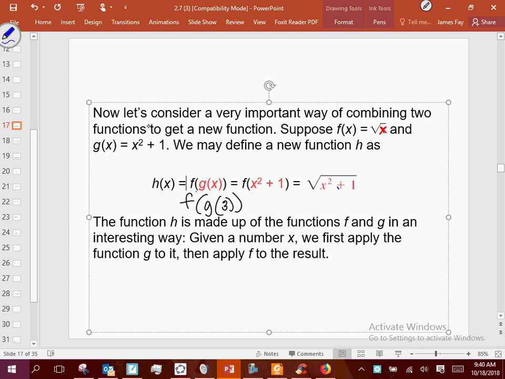Does that make sense? Let's actually rewrite. Let's give a specific example. Let's say this is 1 over x minus 3. Now this would not make sense. If I go f of g of 3, plug in 3 here, you get 1 divided by 0, right? You get undefined. Can I take an undefined value and run it through f now?